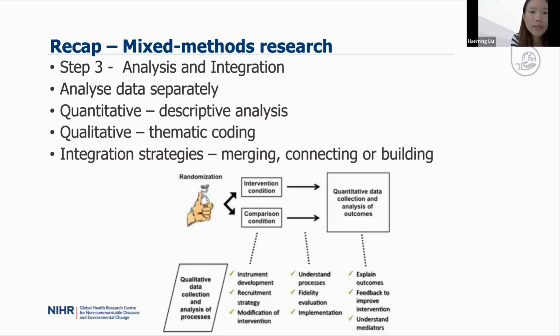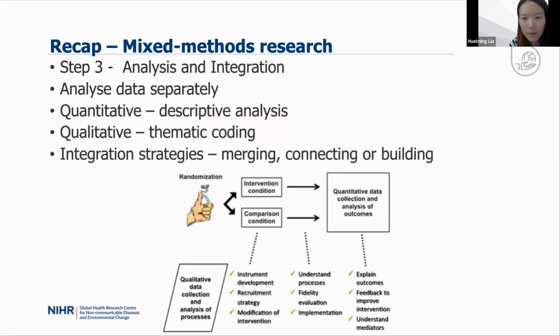And for the mixed methods data, you will have some strategies to integrate them all together to better explain and visualize the data. It can be merging, like matching what we did in Interact 3, or you can connect them to explain each other, or you can build them together.